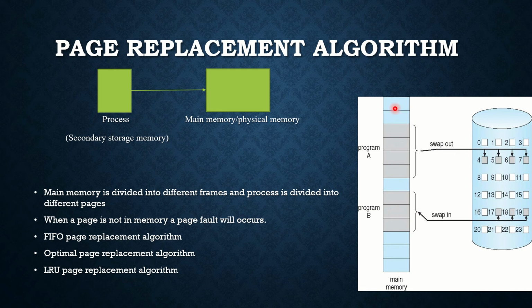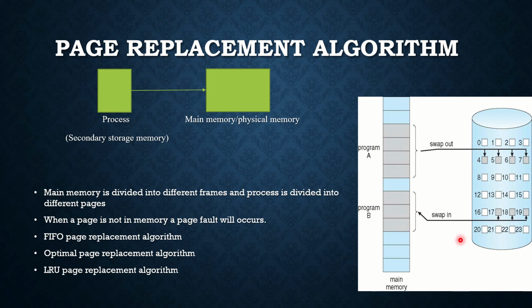Suppose your main memory is full, which means all frames in main memory are full and there is no place to copy anything from the secondary storage device. Suppose program B wants to execute with some processes, and you want to swap in those process pages, but currently there are no available frames in main memory.